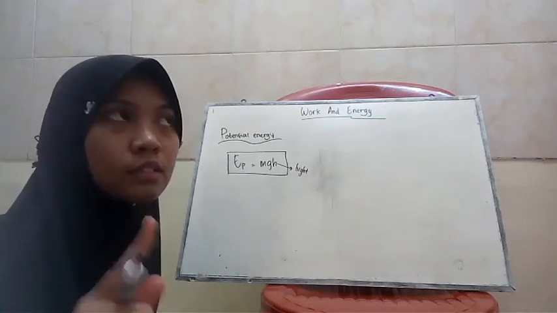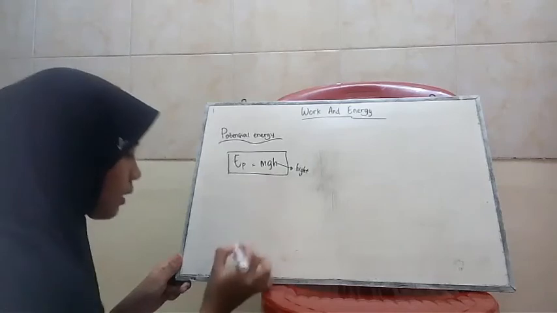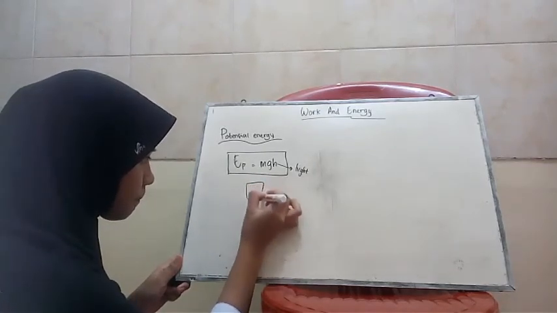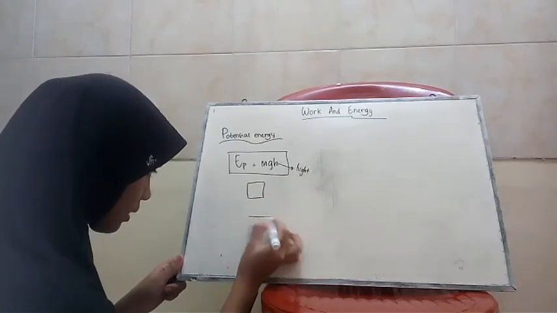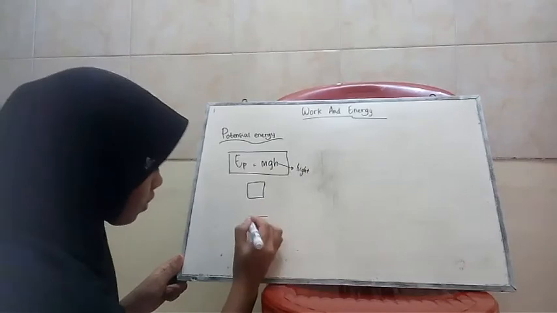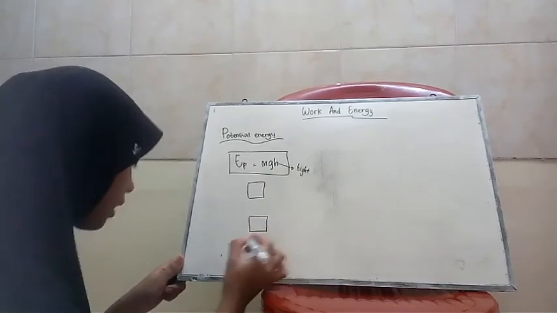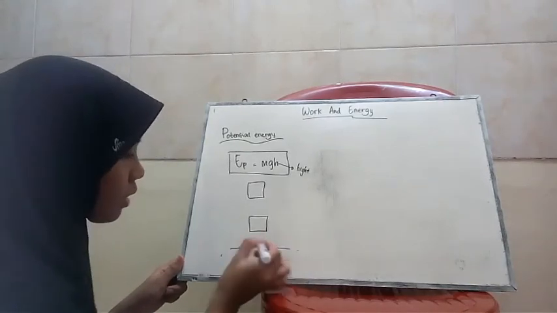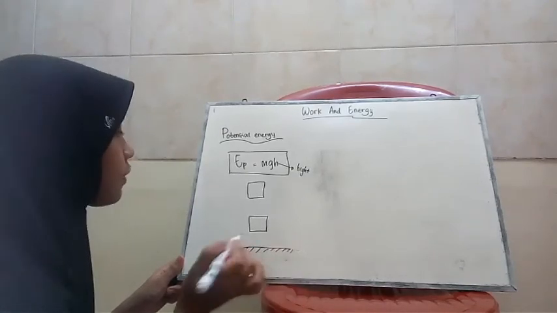We can draw the picture like this. This is the object, this is the object after it falls, and here is the floor.